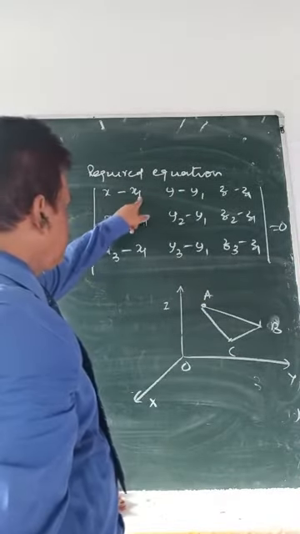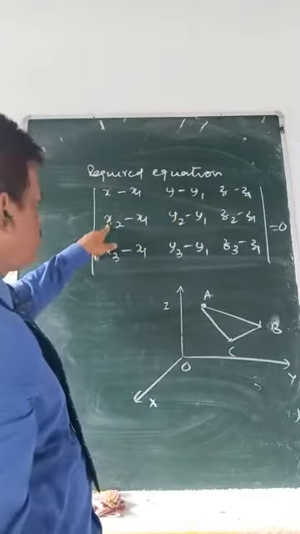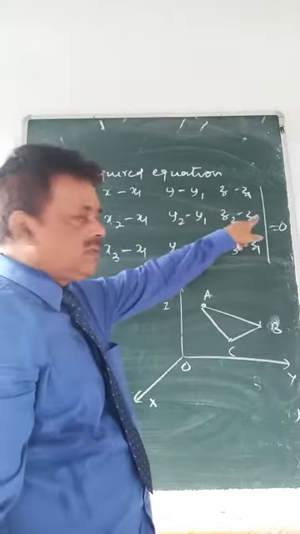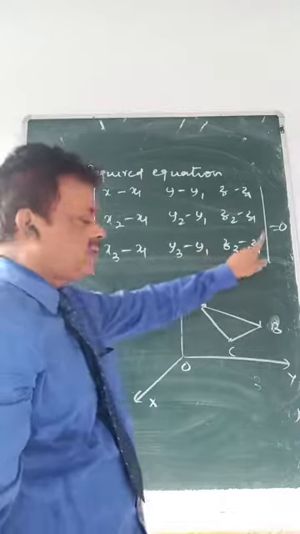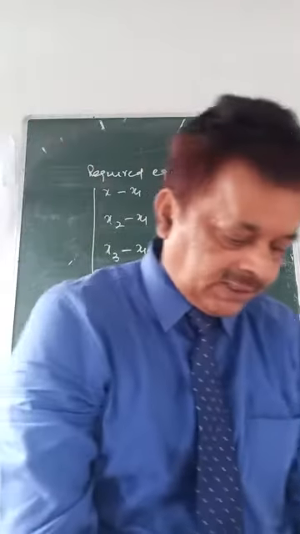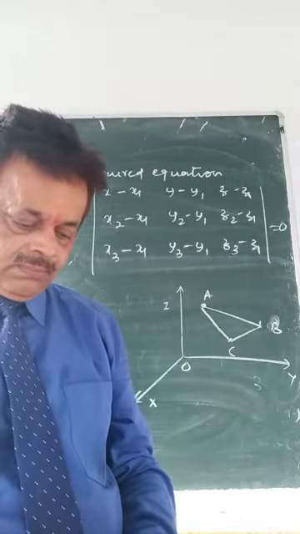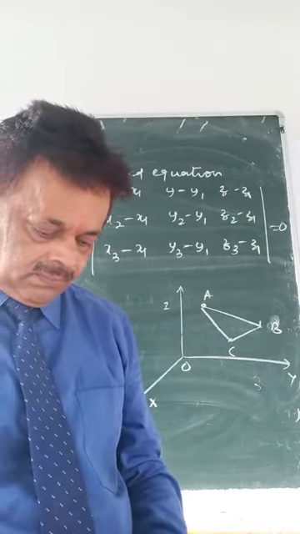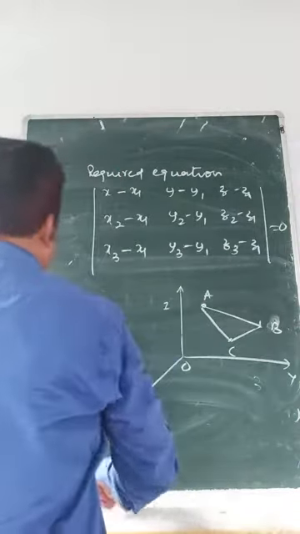x minus x1, y minus y1, z minus z1. Then x2 minus x1, y2 minus y1, z2 minus z1. x3 minus x1, y3 minus y1, z3 minus z1. Okay, let's see a question on this. Question number 6.